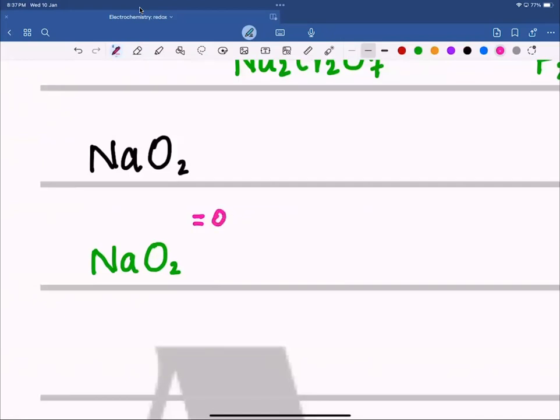Is there any element from group 1, 2, and 3? Yes, which one?